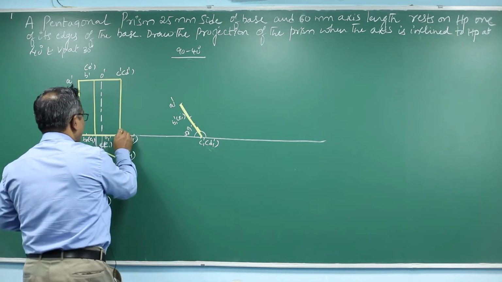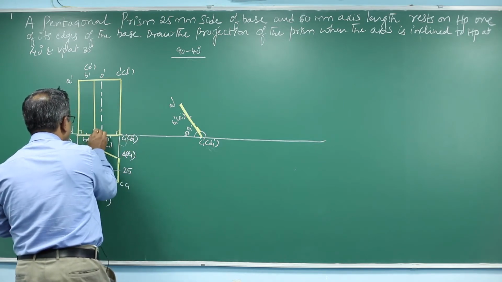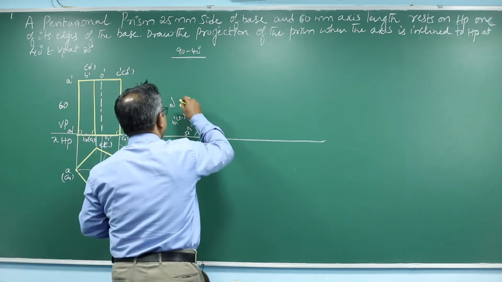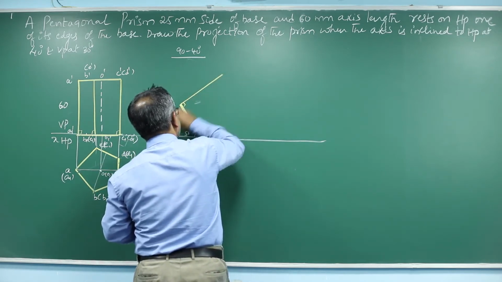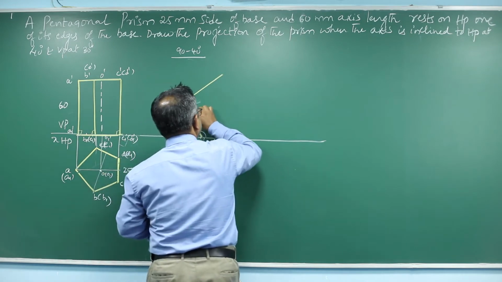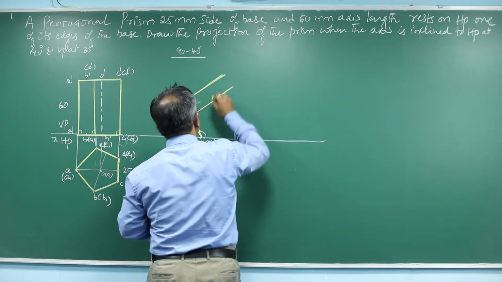Just draw a line from the base, at an angle 90 degree to it. So now from A1 dash you draw a line of length 60 millimeter exactly at 90 degree to it. From B1 you draw a line exactly at 90 degree to it.